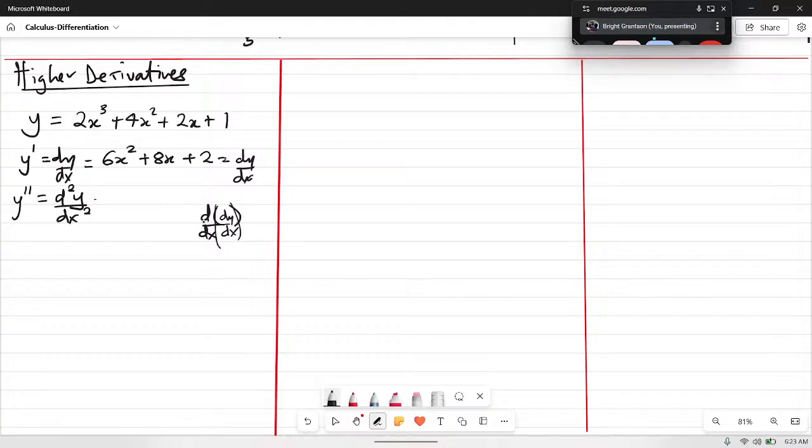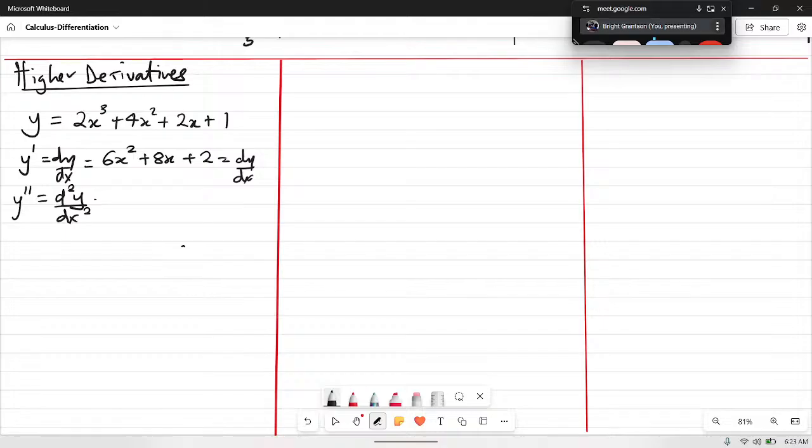At the top, the d is multiplying d, giving you d squared y, and the one down there is dx squared. But when they write it, they don't write it that way. The focus is that you are differentiating with respect to x two times.